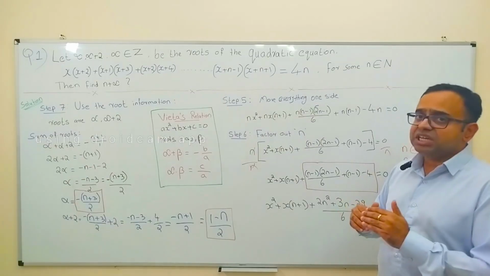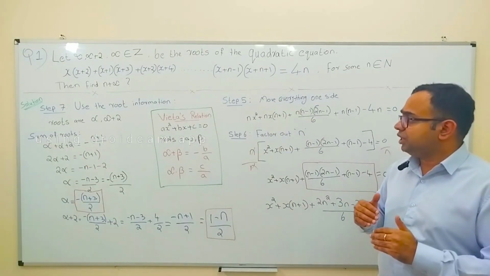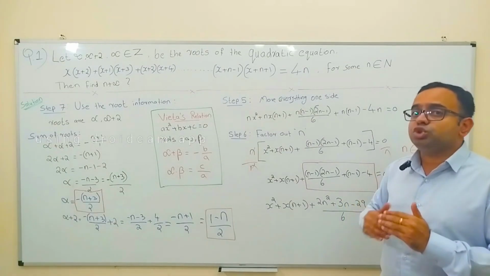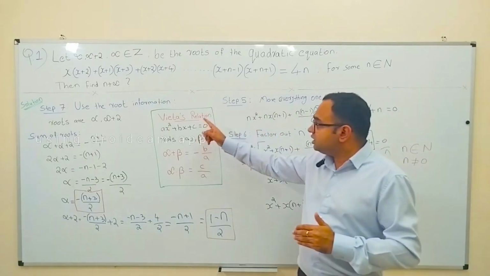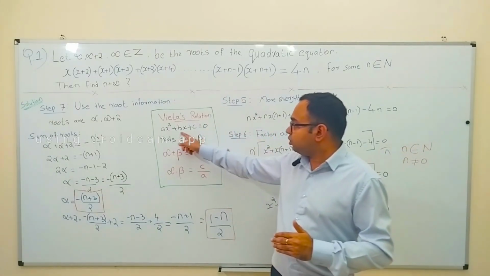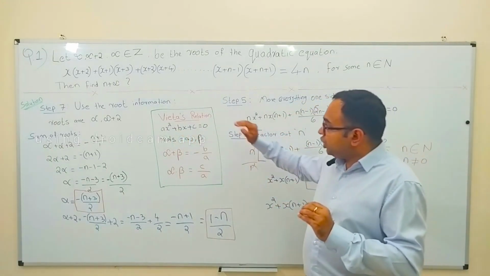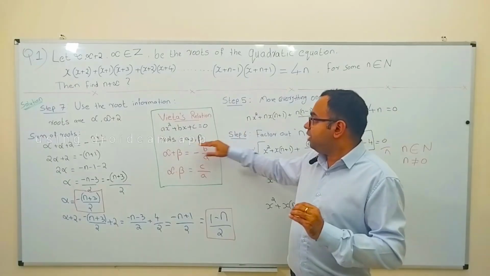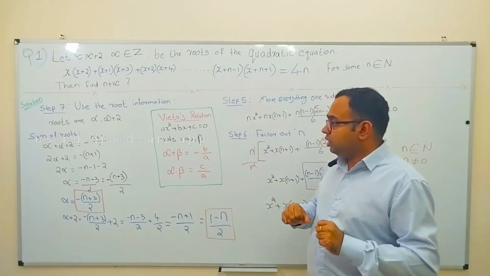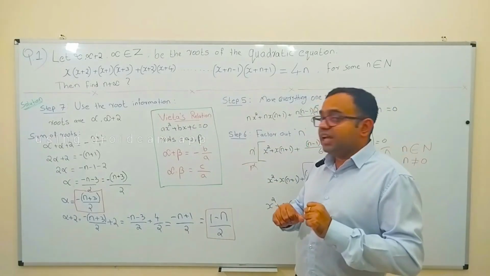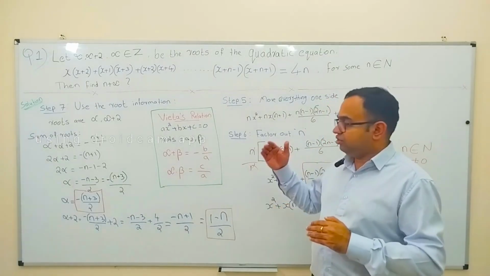We have a special relationship between a quadratic equation and its roots. It's called Vieta's relation. See a classic quadratic equation example: ax square plus bx plus c is equal to 0. In this quadratic equation, the roots are alpha and beta. So we know the roots already, and then we can make a relationship between these roots and the coefficients.